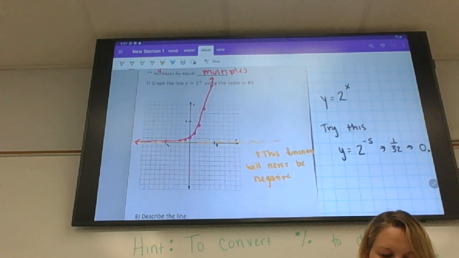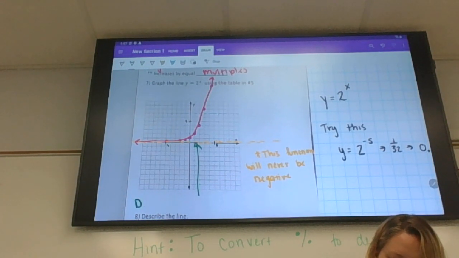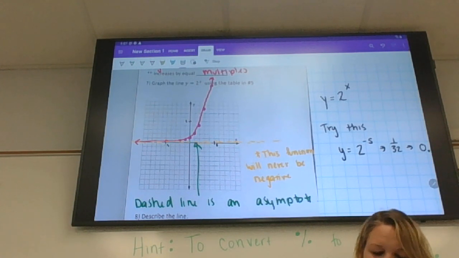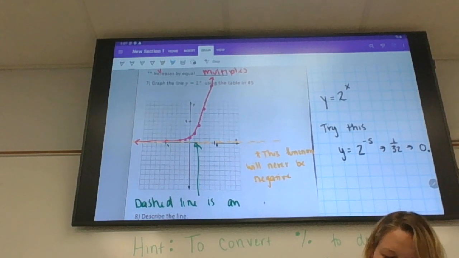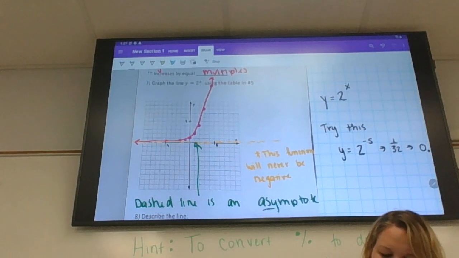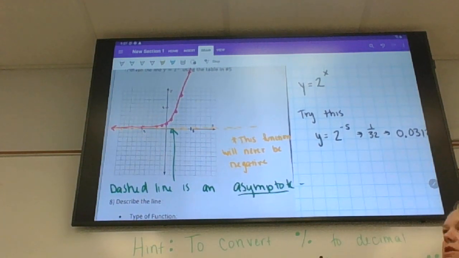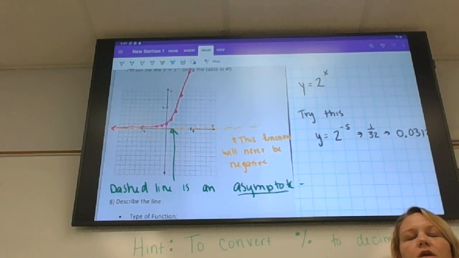This dashed line has a really funny name. That dashed line is called an asymptote. An asymptote is an invisible line that a graph gets closer and closer to.